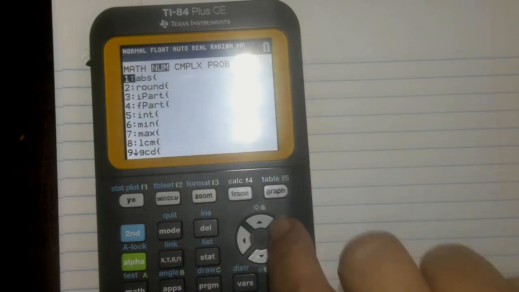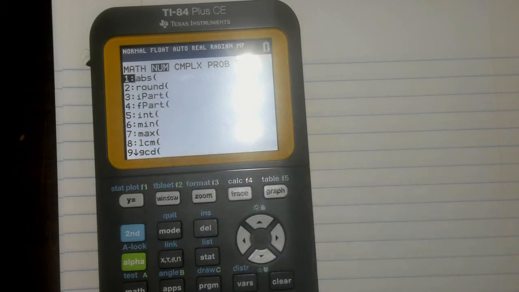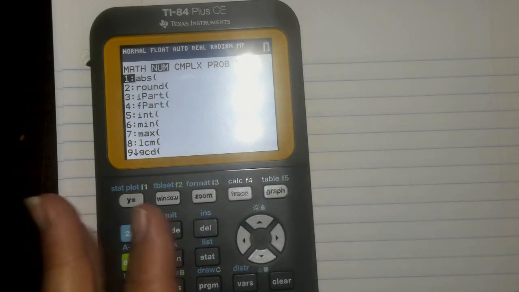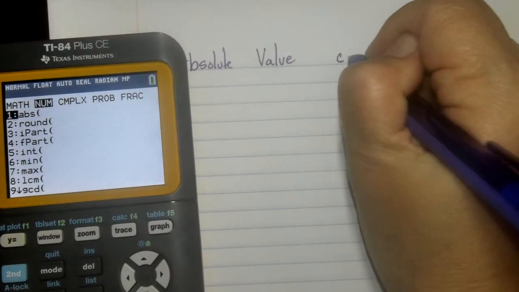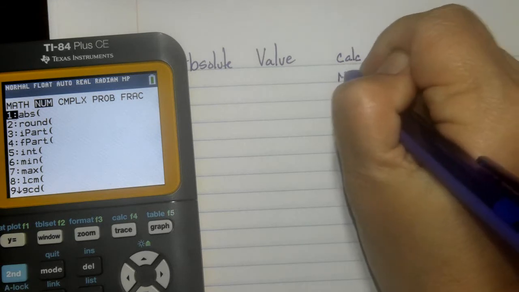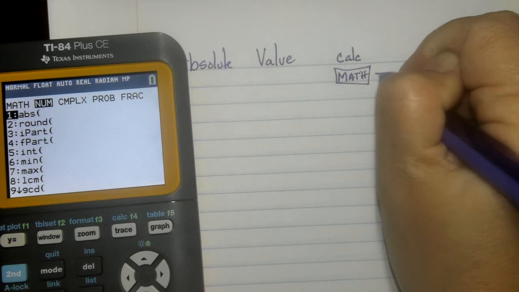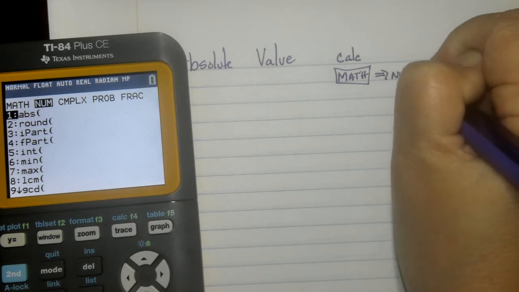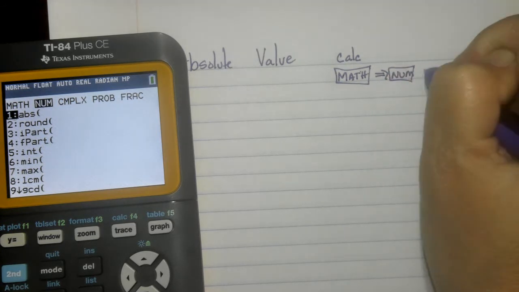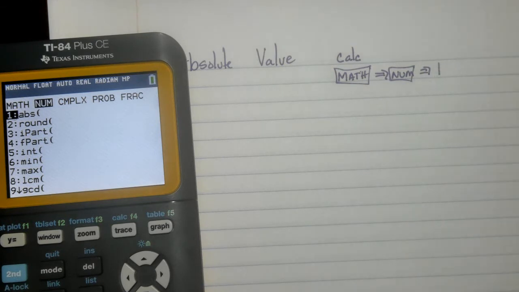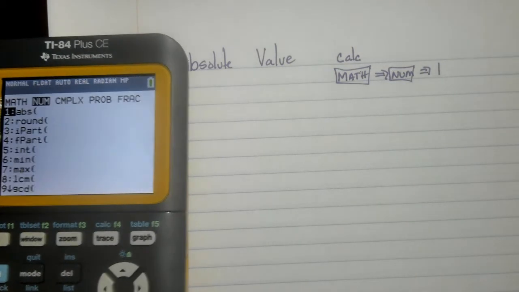And then it's going to be right there, the very first one, ABS, for absolute value.